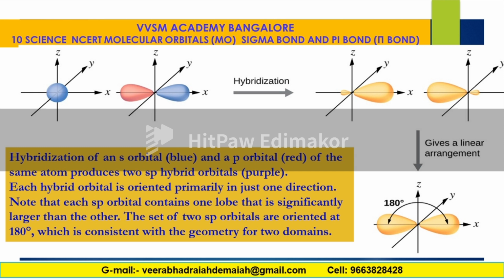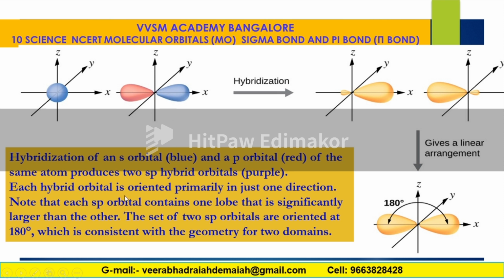Well, friends, what is hybridization? Hybridization of an s orbital, this is blue, and a p orbital, this is red, of the same atom produces two sp hybrid orbitals, this is purple.